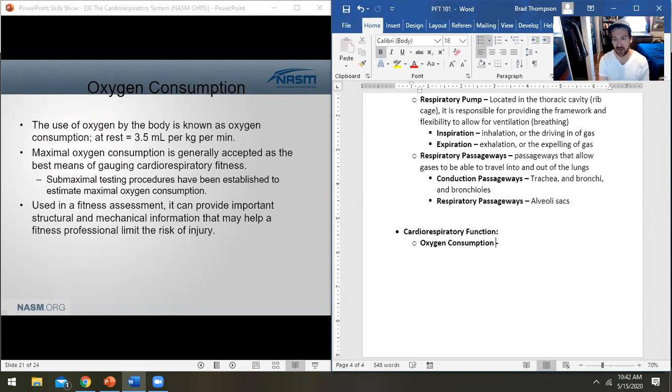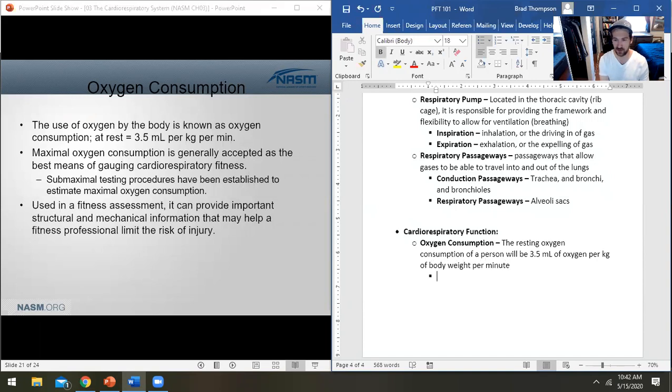So the resting oxygen consumption of a person will be 3.5 milliliters of oxygen per kilogram of body weight per minute.